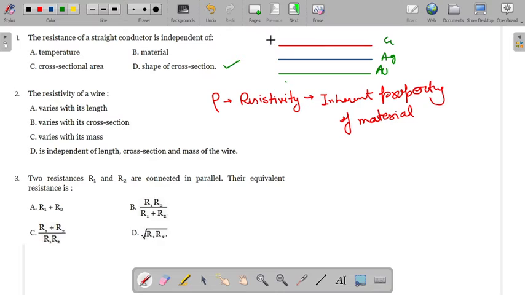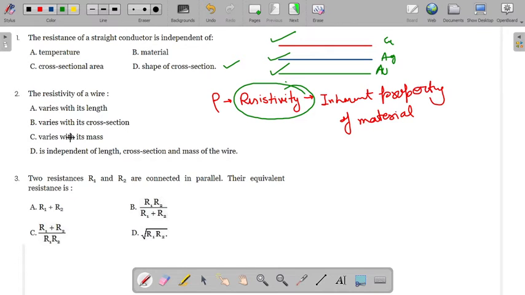So this copper wire has a different resistivity, this silver wire has a different resistivity, and this gold wire has a different resistivity, because resistivity is the property of material, not the property of size, shape or anything else.